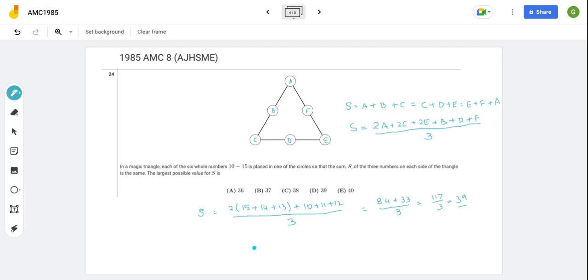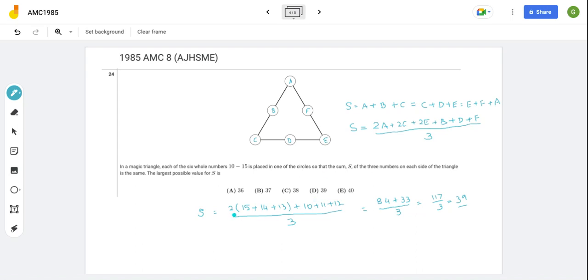Now, if we want to maximize the value of S, anything which we are going to double, these three numbers should be the highest numbers, then only the value of S is going to be largest. So we are writing here 2 into 15 plus 14 plus 13. So basically what are we doing? We are having the greatest numbers in the corners, because the corner ones are the numbers which are going to get counted twice, right?